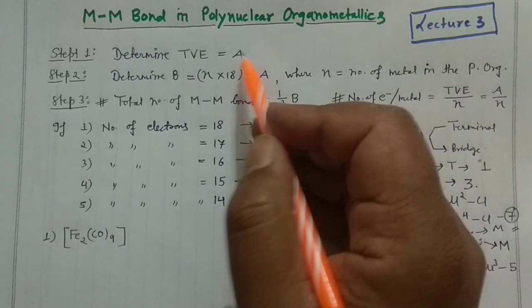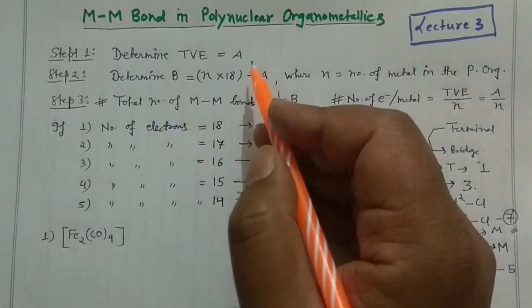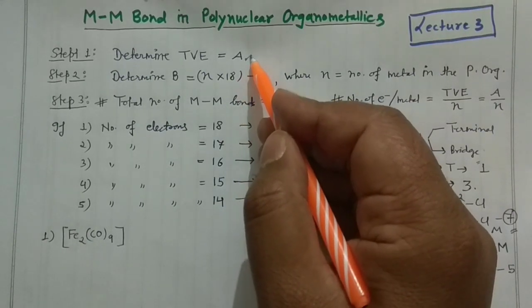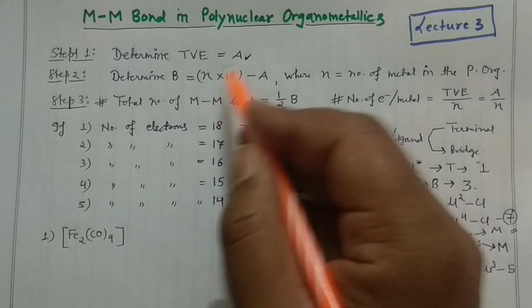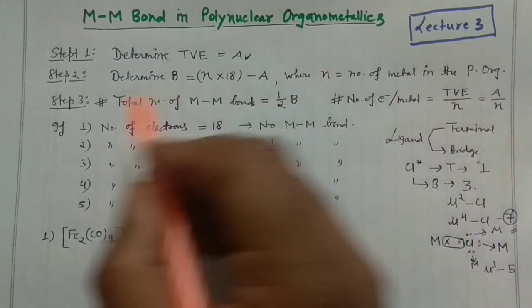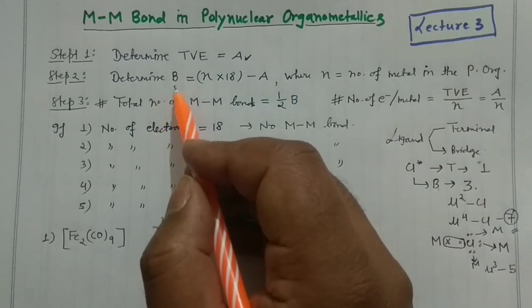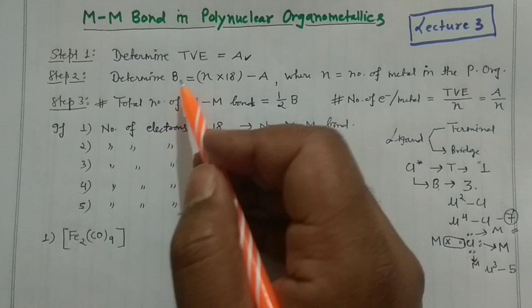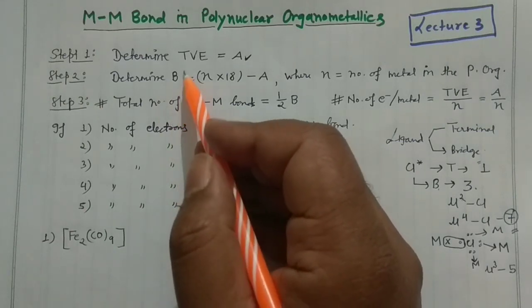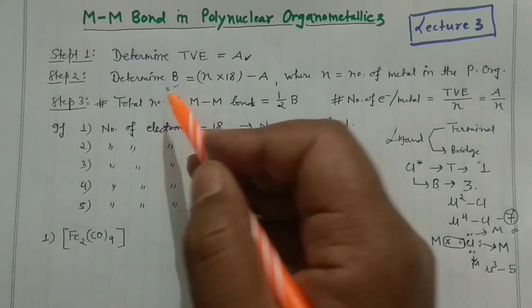So first you will determine the total valence electron, and say this total valence electron, you are calling it A. It is just a formula which I have taken here. You may use any word. Okay. So in step 2, once you get the total number of the valence electron, you determine the value of B. This B parameter is some kind of electron count.